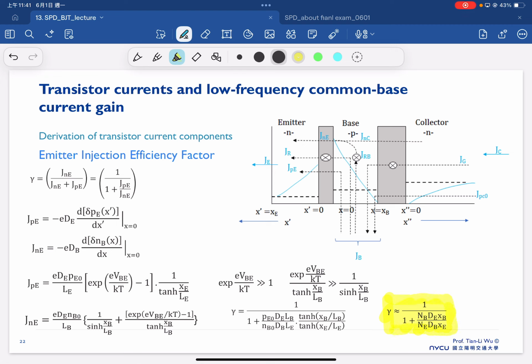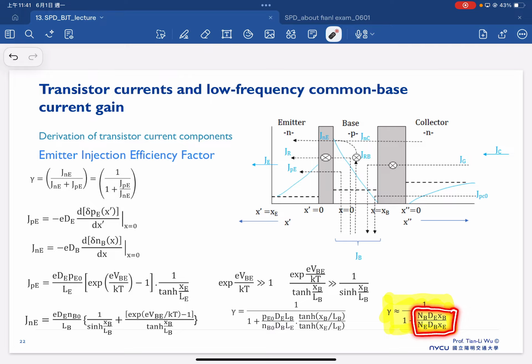So now we can start to correlate this emitter injection efficiency with the design of the base and emitter region.